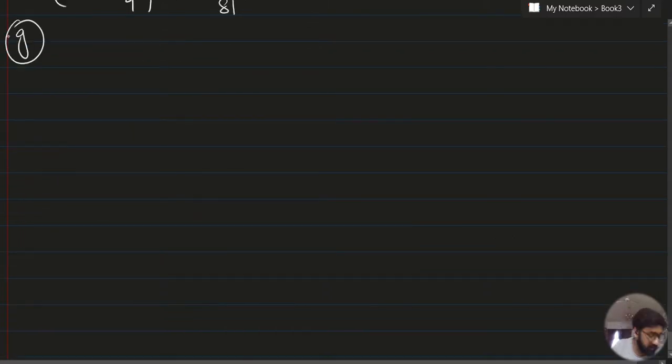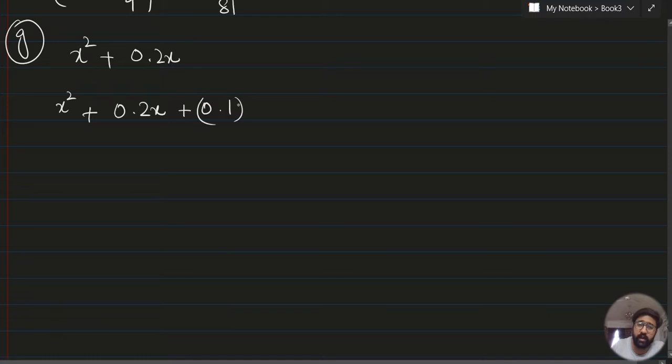Then becomes the G part, the second last for this exercise, x square plus 0.2x. Again, we are going to add the half of it. So it is going to become x square plus 0.2x plus half of 0.2, which is 0.1 whole square, and minus 0.1 whole square.